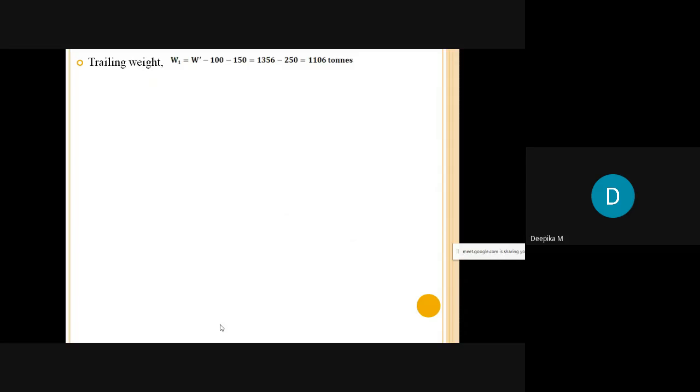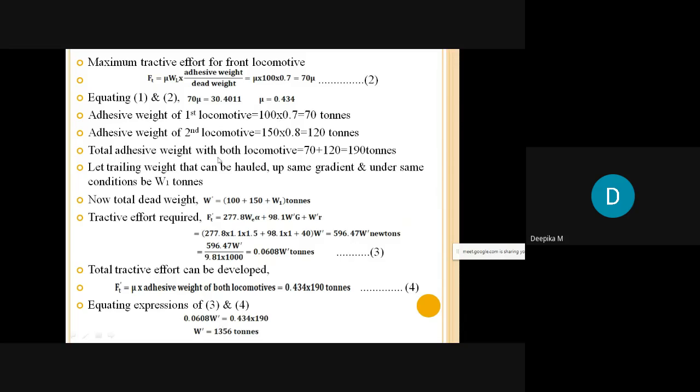Please note that W dash is the total dead weight. So what would be the W1? You can see here the total dead weight, that is weight of locomotive plus weight of train. The weight of the locomotive was 100 plus 150. So what would be the weight of the train, which is nothing but W1? It is 1356 minus 250.